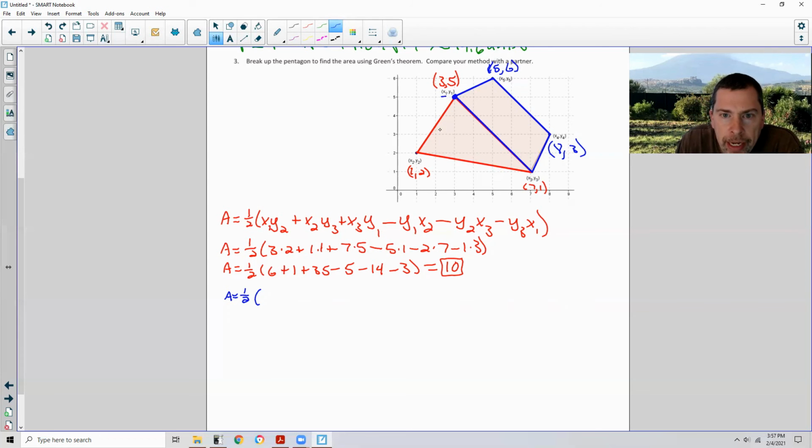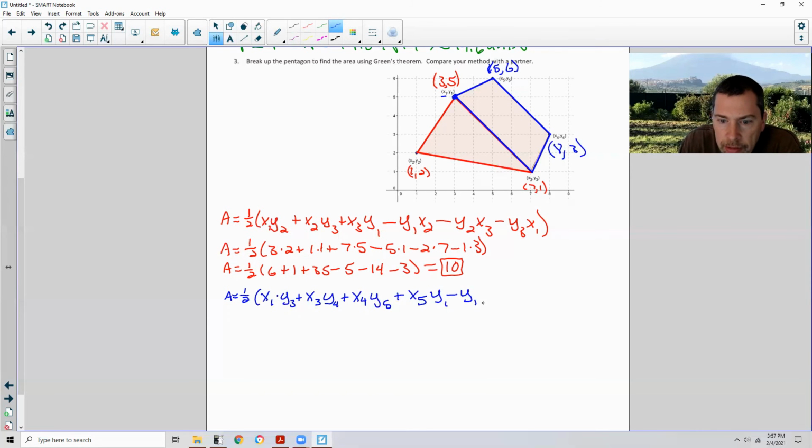So it's going to be x sub 1 times y sub 3, the next y counterclockwise, plus x sub 3, the next x, times the next y over here, which is y4, plus the next x, which is x sub 4, and then y sub 5, plus x sub 5, y sub 1, back to the beginning.